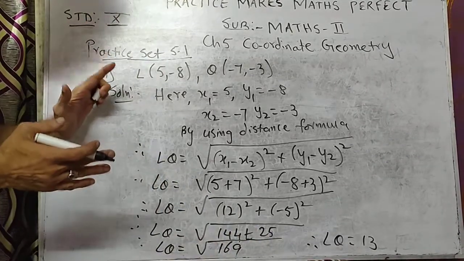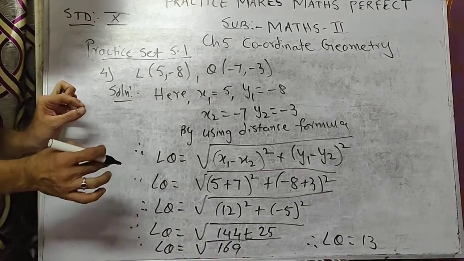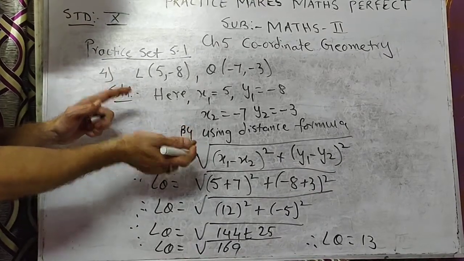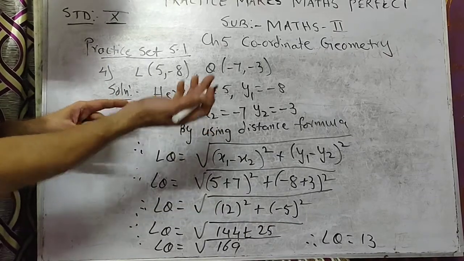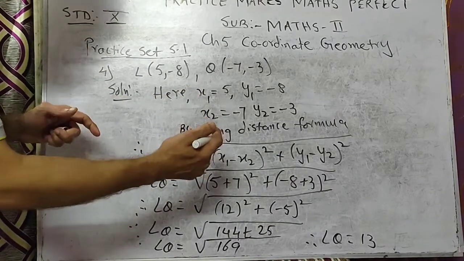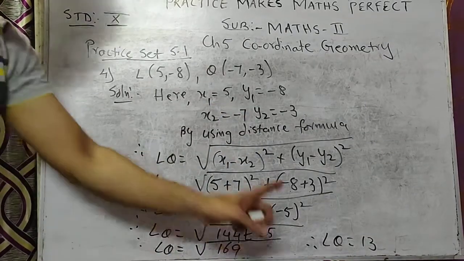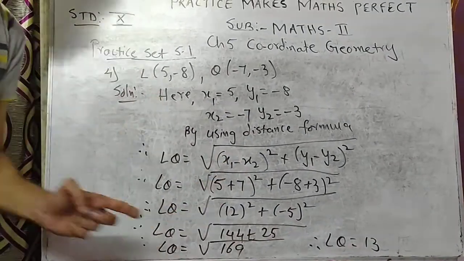So here we got the answer of the fourth one also very easily. If you use any formula, x2 minus x1 the whole square or x1 minus x2 the whole square, the answer will be the same. This we have proved here. Copy it down.